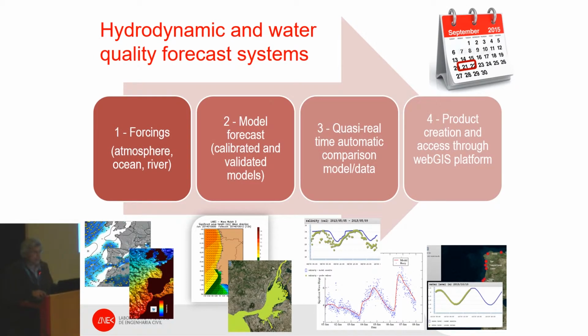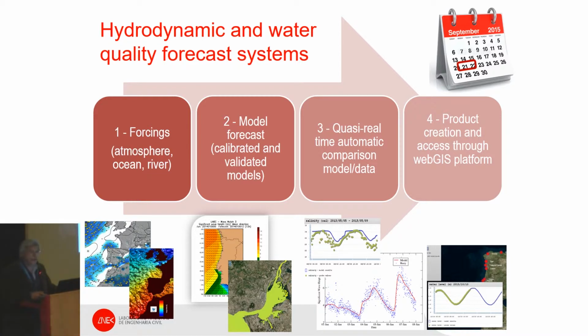So, in very general terms, this is how each of our applications works. We start by going to the internet and getting the forcings that we need for our models. I'm talking about atmospheric forcings, oceanic forcings, and riverine forcings. And this is where the EB forecasts come in, since usually we use the EB forecasts for our ocean boundary conditions. Then we run our own forecasts using previously calibrated and validated models.